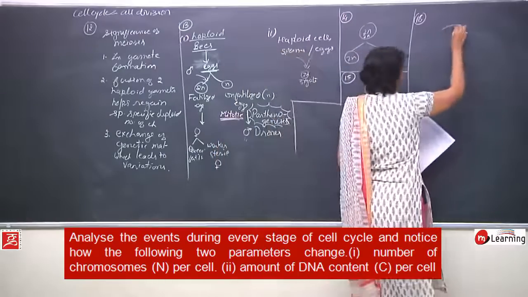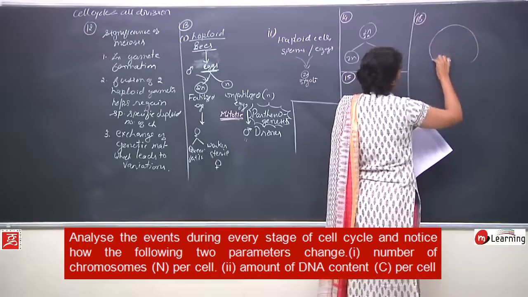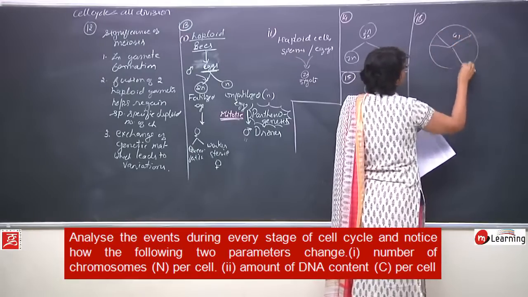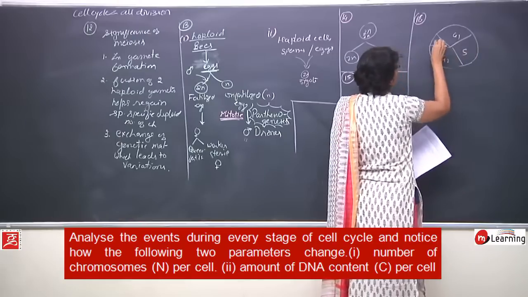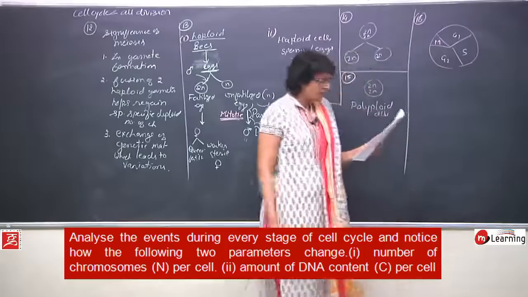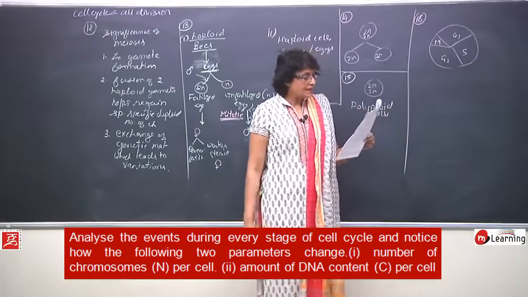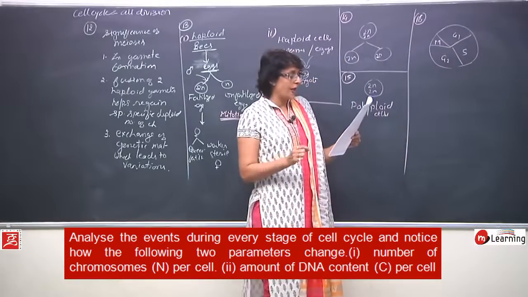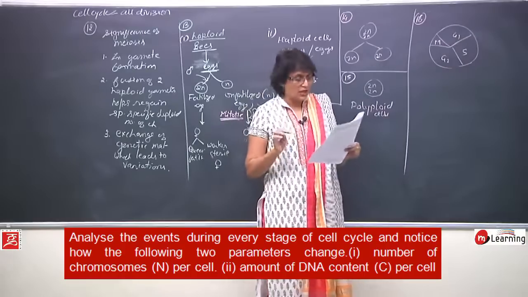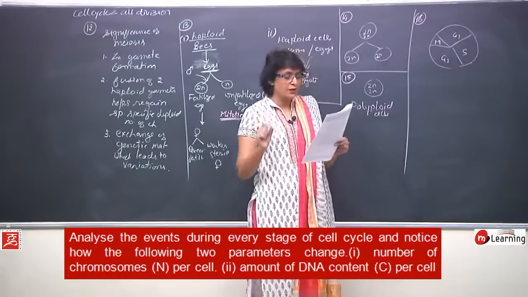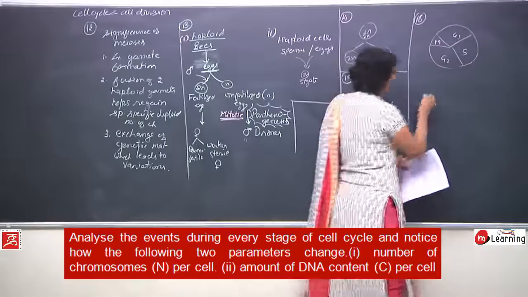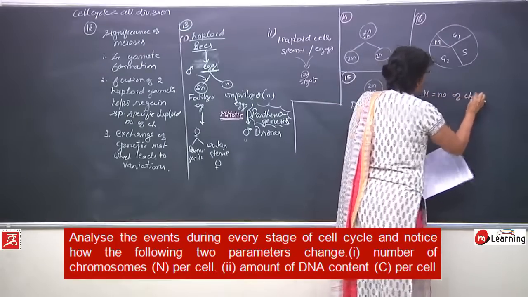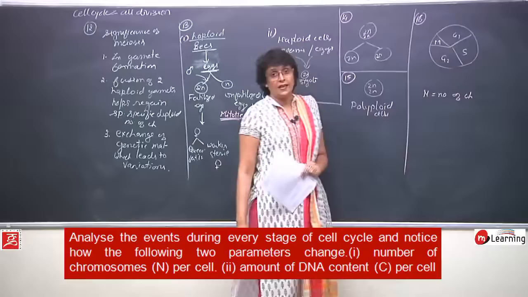So let us quickly draw the cell cycle: G1, S, G2 and M phase. They have given us 2 parameters: number of chromosomes represented by N, number of chromosomes per cell, and DNA content.